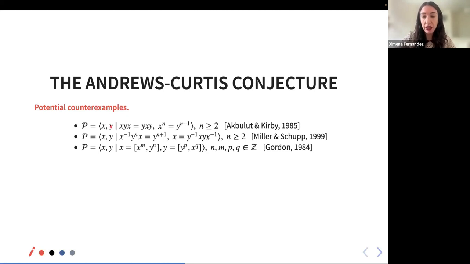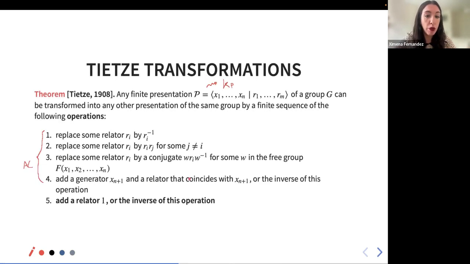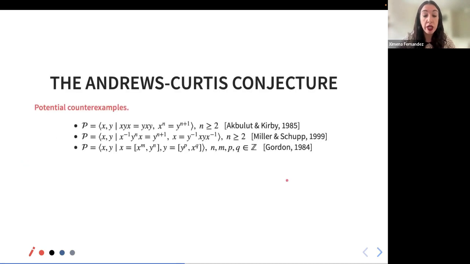In general, these algorithms only use operations 1 up to 3, or operation number 4, but only the inverse, the reduction of the presentation. They don't try to increase the size of the presentation.